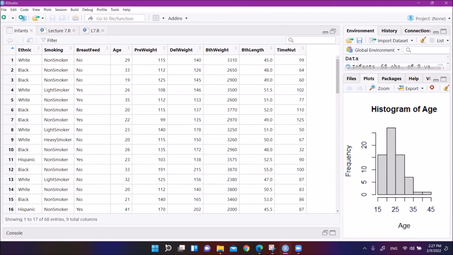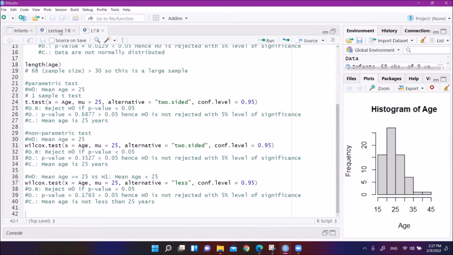So I'm going to split this data set by this variable, and check whether the average age of the mothers of the infants who were breastfed is different from the average age of the mothers of the infants who were not breastfed.